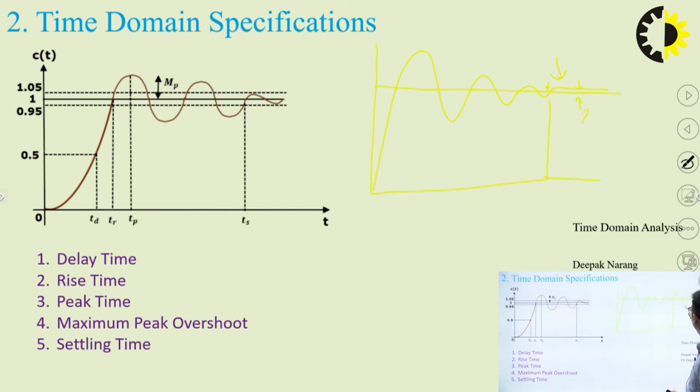This is the steady state condition. The response settles to a steady state value within a defined tolerance band. So this is termed settling time. This will be its settling time. We are going to derive their values one by one.